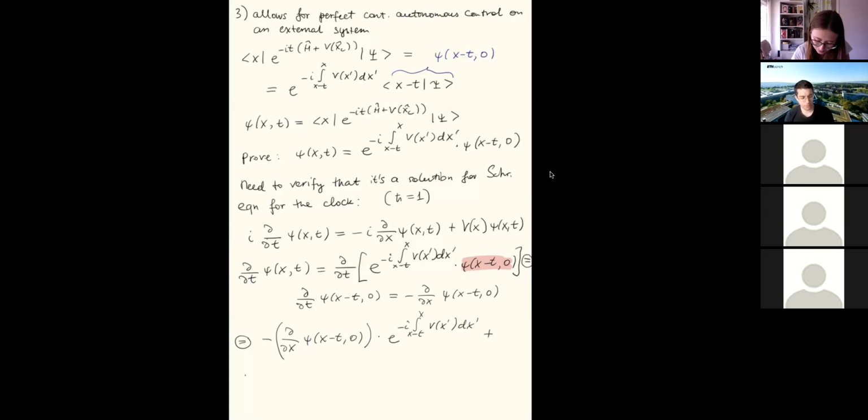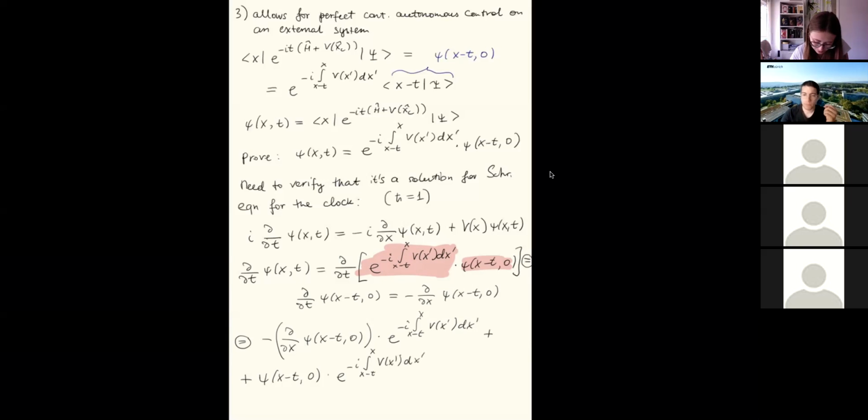Then for the second term, we take the derivative of our exponential. So psi of x minus t0 is left behind, and the derivative of this exponential can be taken using the Leibniz rule for such integrals.